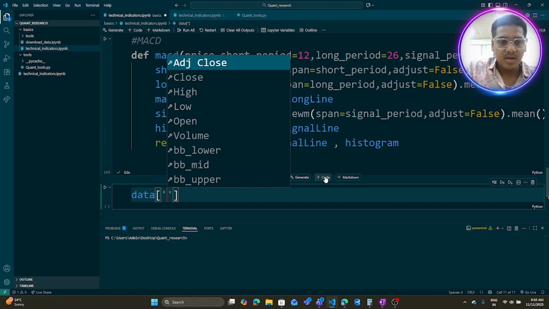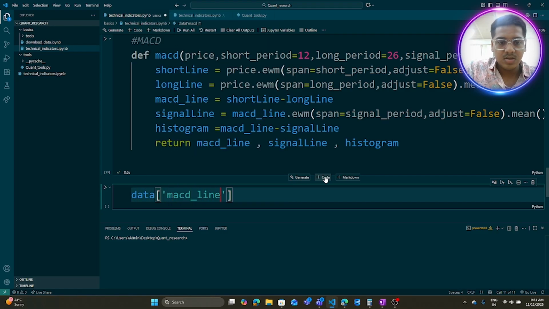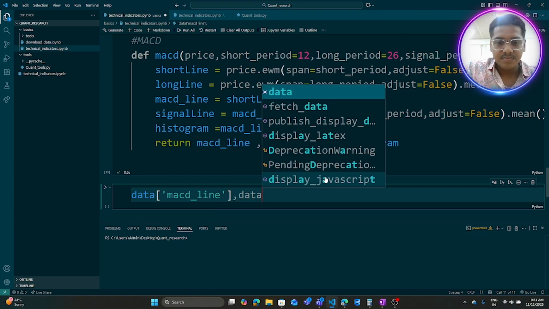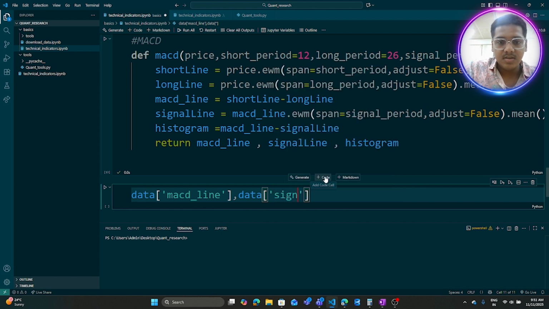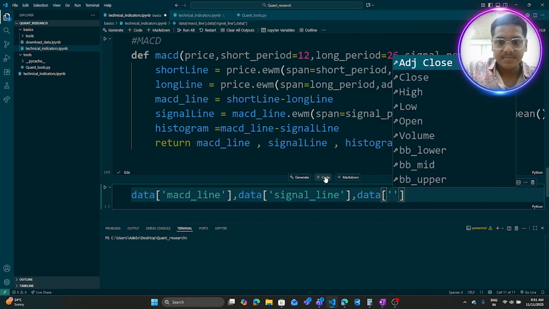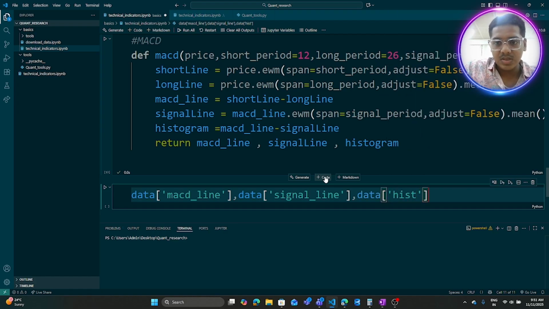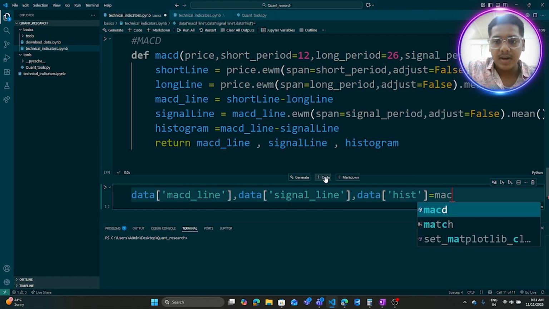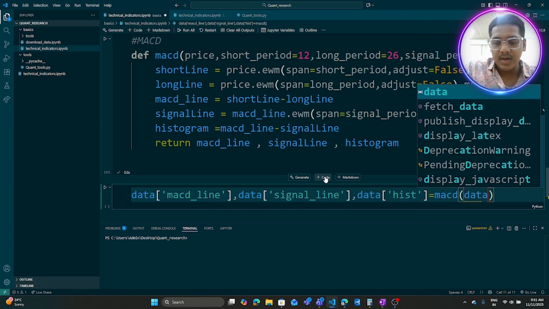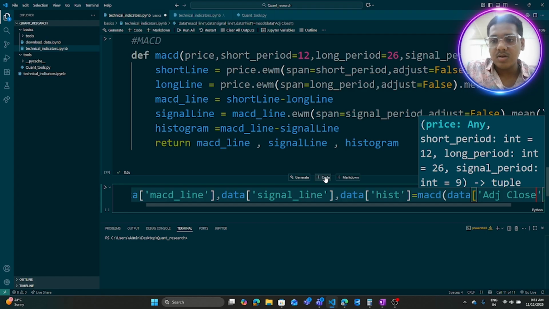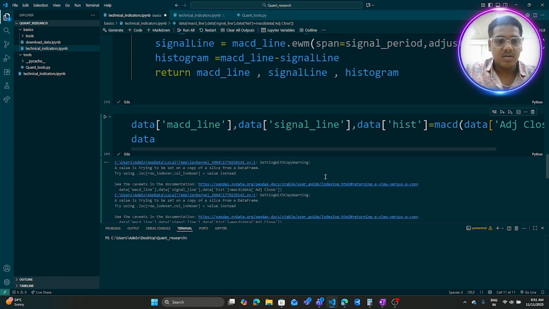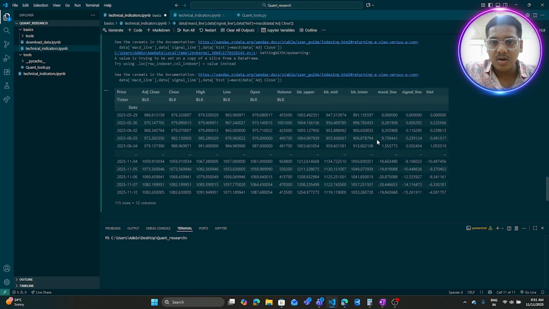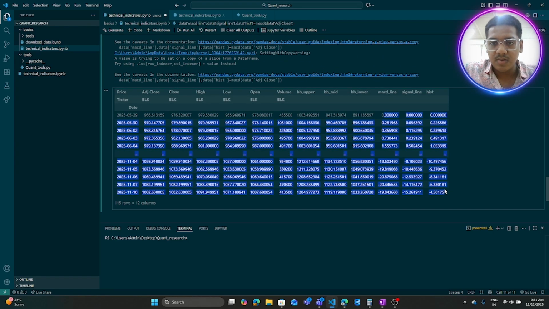Now in data, I'll call all of these, since I'm returning three: MACD line, signal line, and at last hist. Let's call the data here. Okay, so we have got our lines.